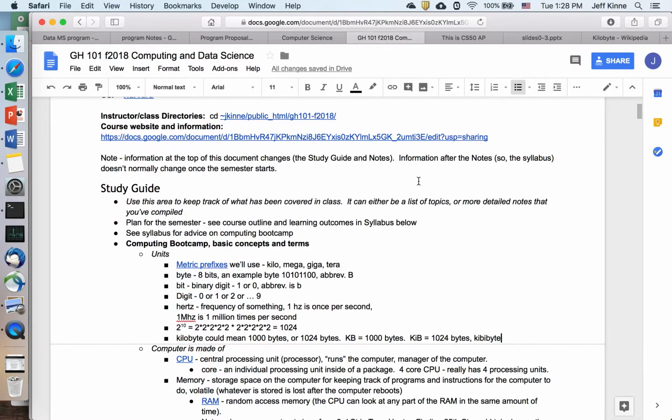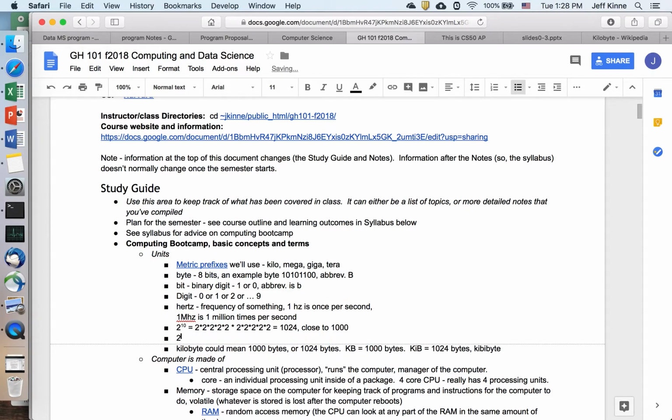And this is something that you should just remember, that 2 to the 10th is 1,024, which is close to 1,000. And 2 to the 20th power is 1,024 times 1,024. It's 20 copies of multiplying 2's together, so I have 10 copies of multiplying 2's together times 10 copies of multiplying by 2's together, and this is close to 1 million.